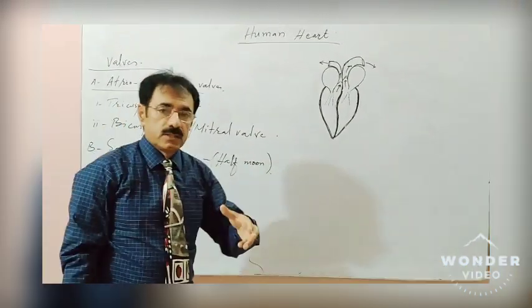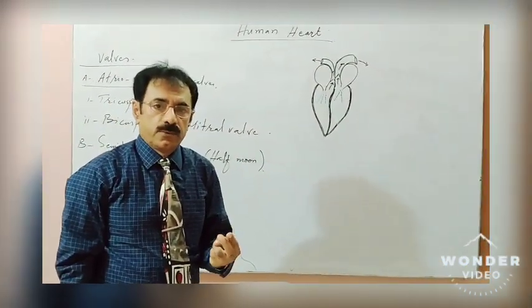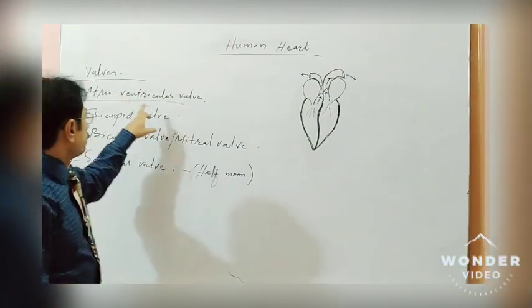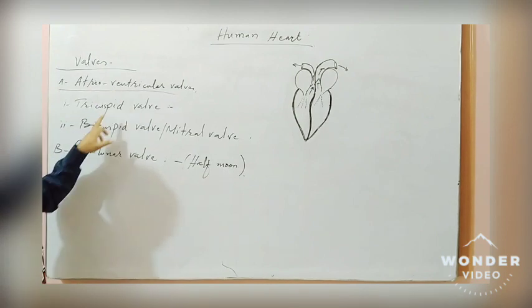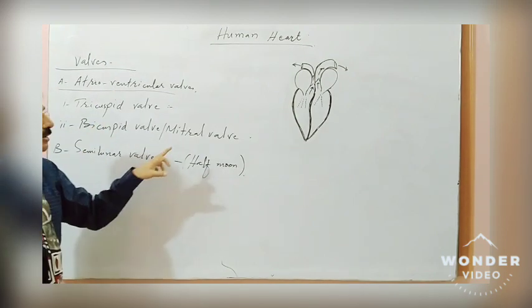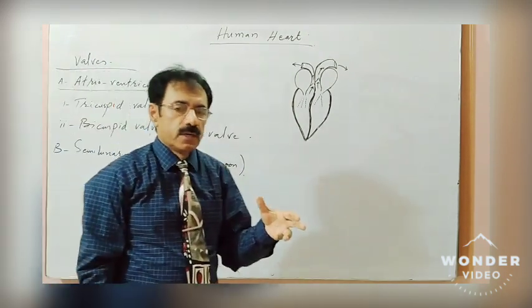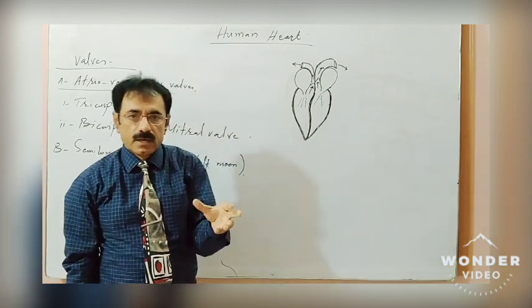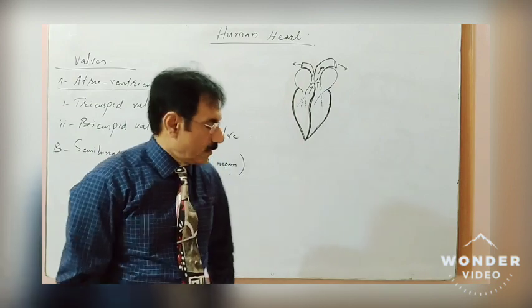Thus, at the heart level there are four valves: two atrioventricular valves and two semi-lunar valves. The opening and closing of these valves are at different timings.